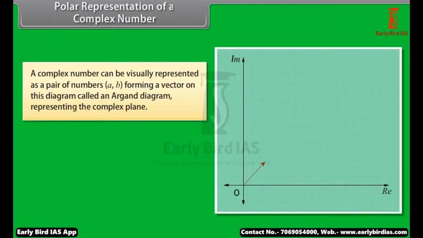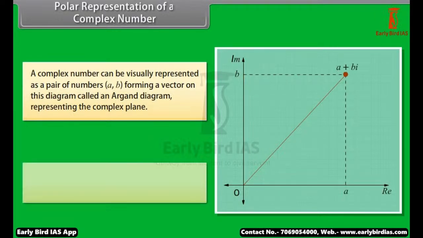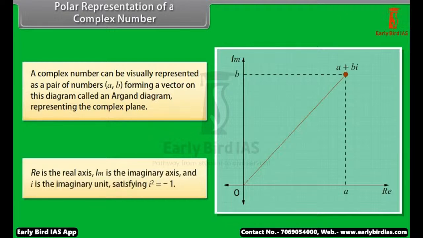A complex number can be visually represented as a pair of numbers a, b, forming a vector on this diagram called the Argand diagram, representing the complex plane. RE is the real axis, IM is the imaginary axis, and iota is the imaginary unit, satisfying iota square is equal to -1.